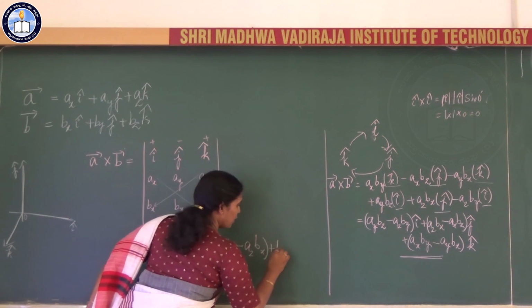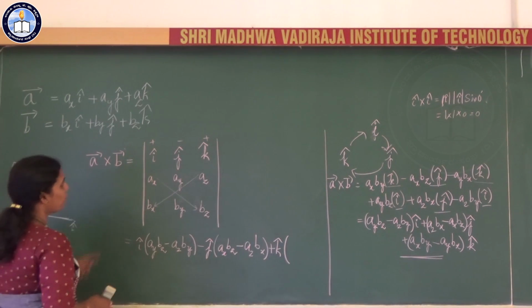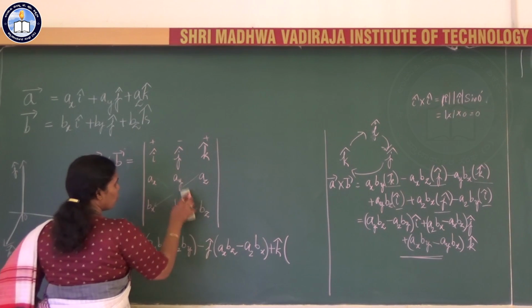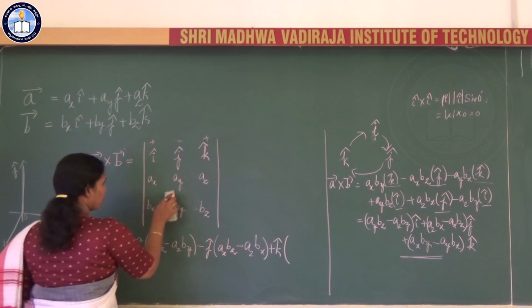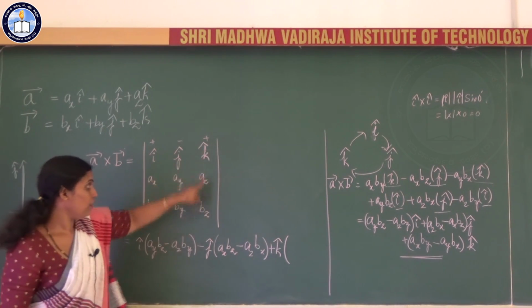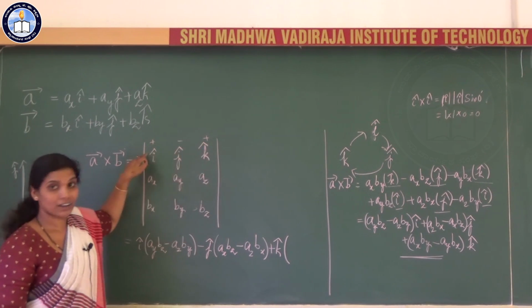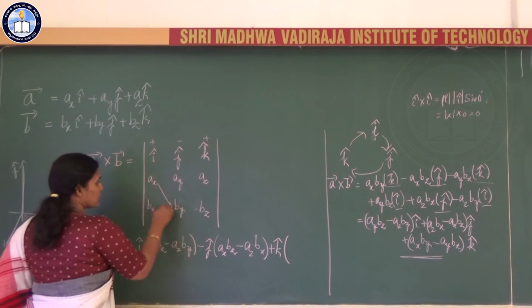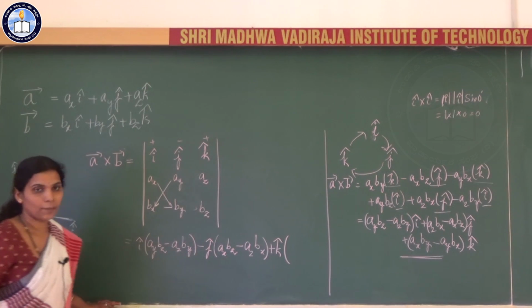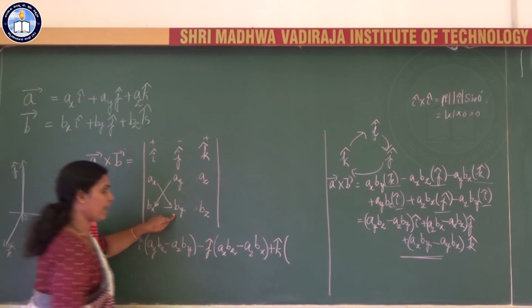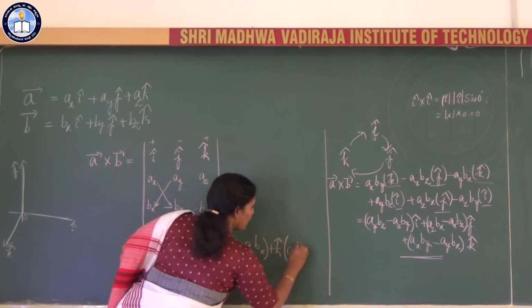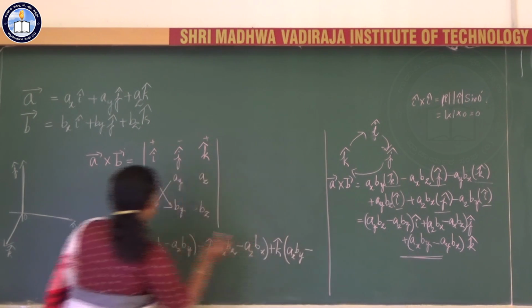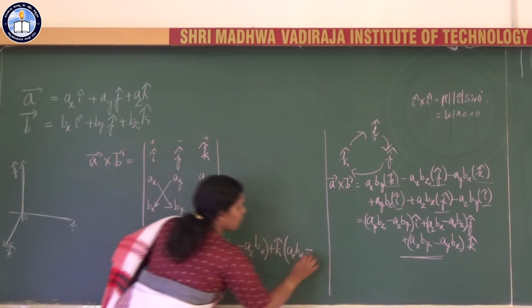Plus k cap, leave that column and row, the remaining thing is here, so it is (Ax By minus Ay Bx).